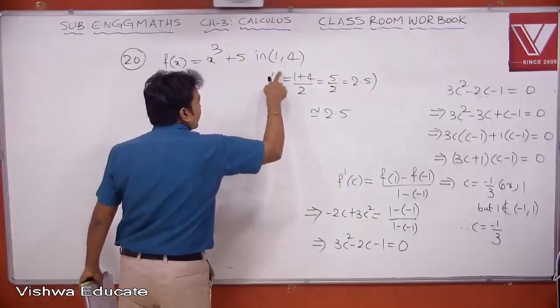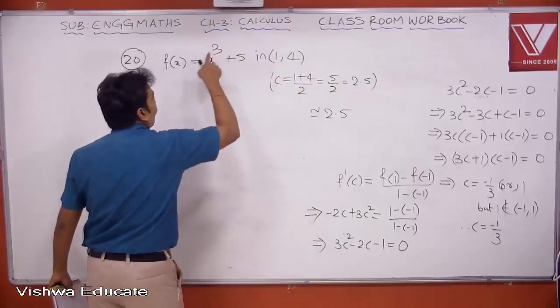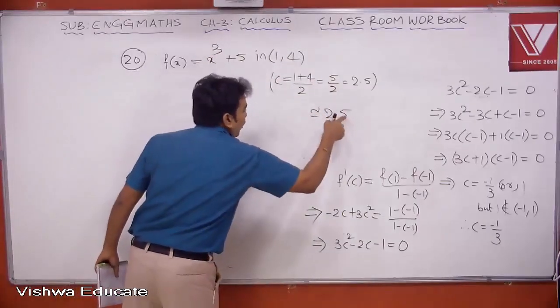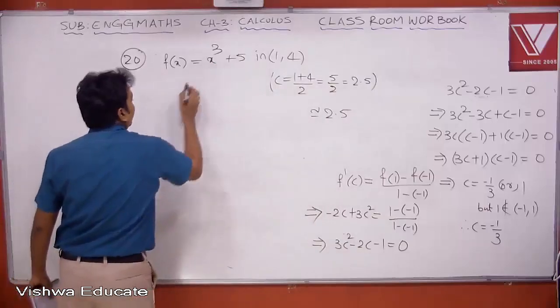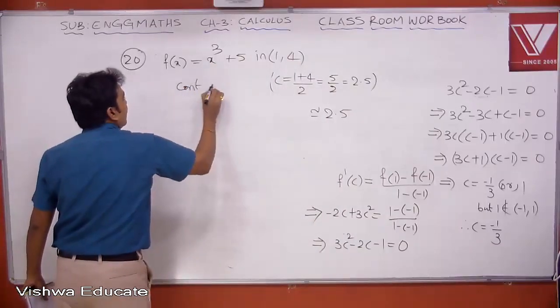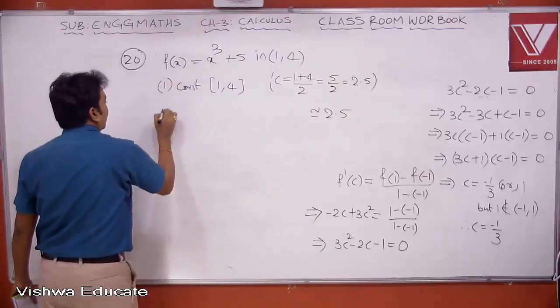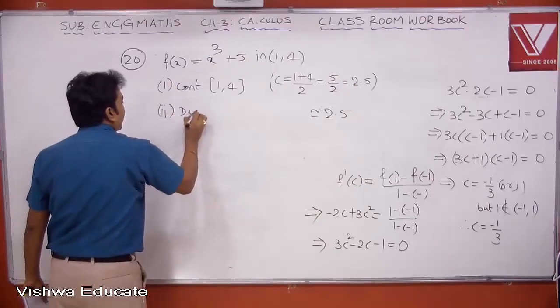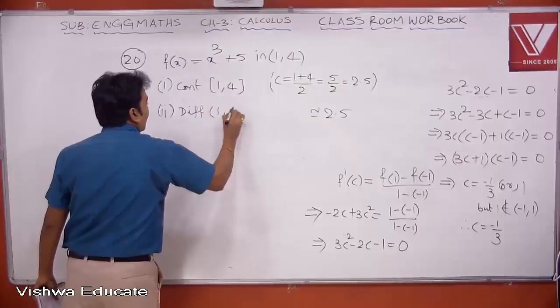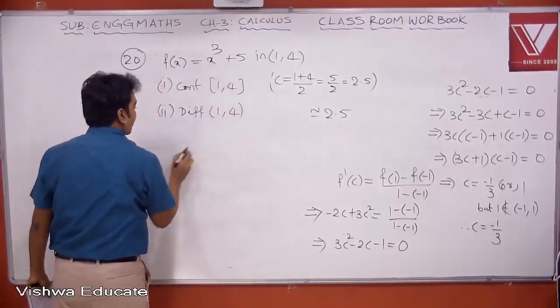So this is true for second degree equations, but for general polynomials, c is close to midpoint value. Now here this is a continuous function in closed interval 1 comma 4, because this is a polynomial expression. Since it is polynomial, it is differentiable in all intervals. So in particular, it is differentiable in this interval.